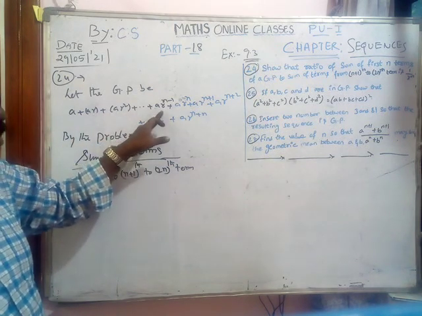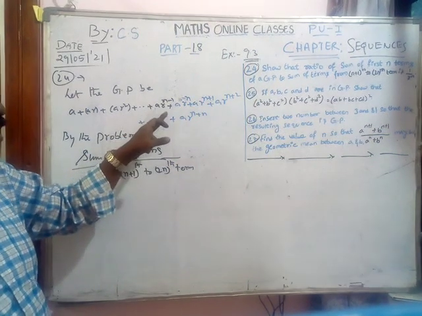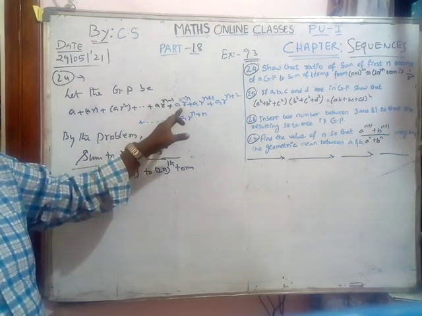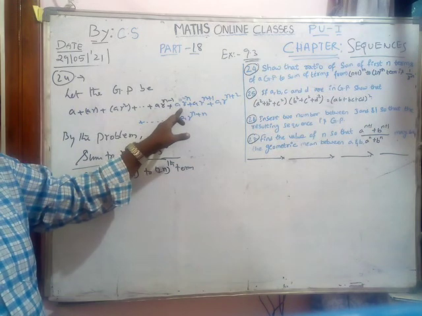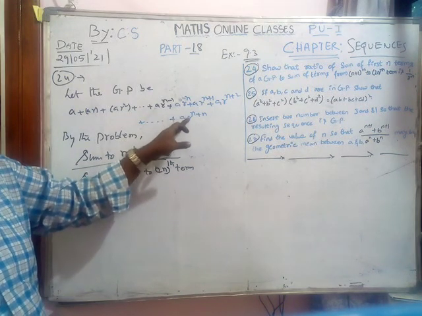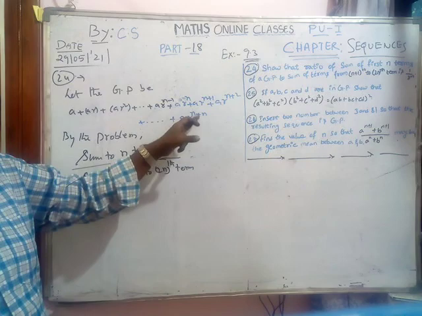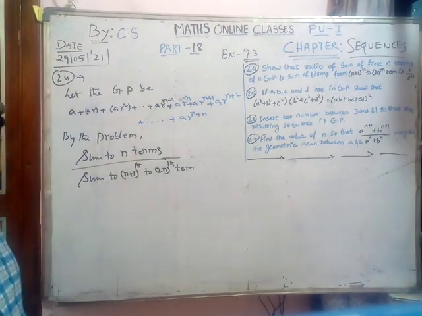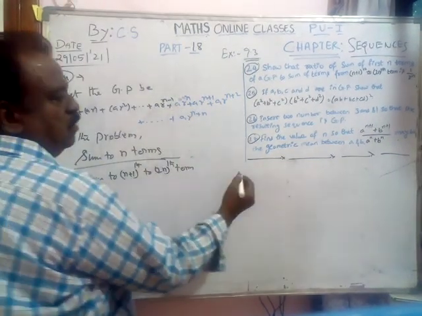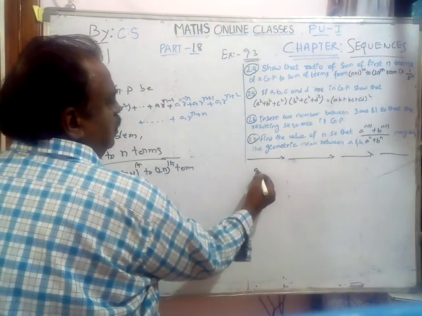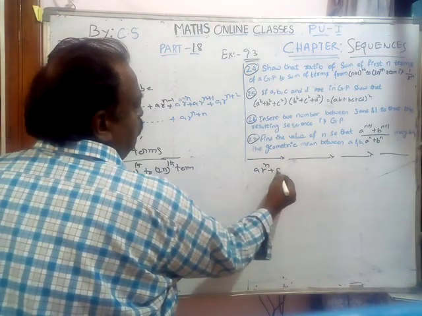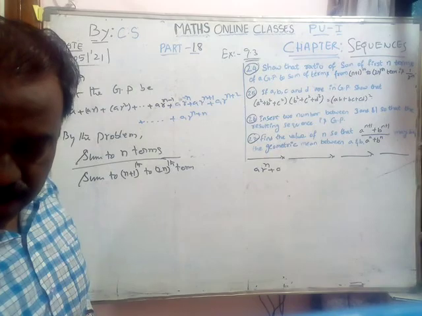Nth term is r power n minus 1. We know it well. Here, first term is a r power n. The last term is a r power 2n, n plus n. Okay na? Here the thing is, separately if you consider it, I am writing it in blue letters.